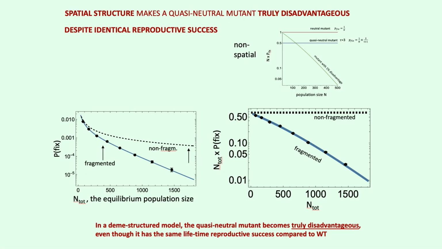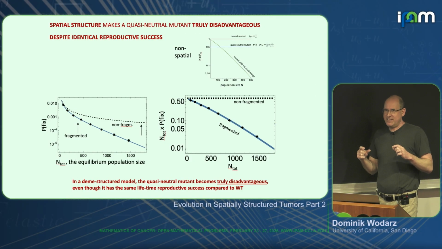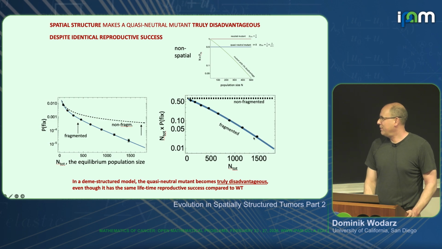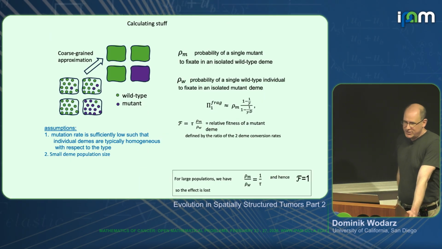So now you have the really interesting observation that you have a mutant that has the same lifetime reproductive success as the wild type, but it turns over faster because you multiply both birth rate and death rate with tau. Although it has identical reproductive success, it acts as a truly disadvantageous mutant, and will be selected against. And so this was a very interesting insight, and you can do some calculations with that.